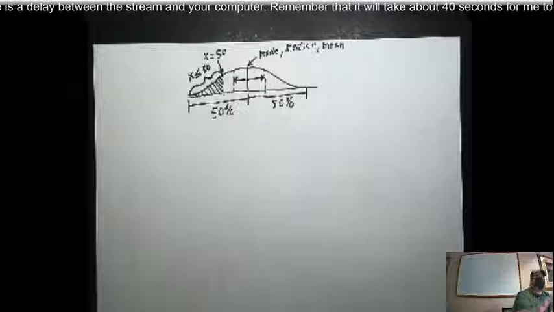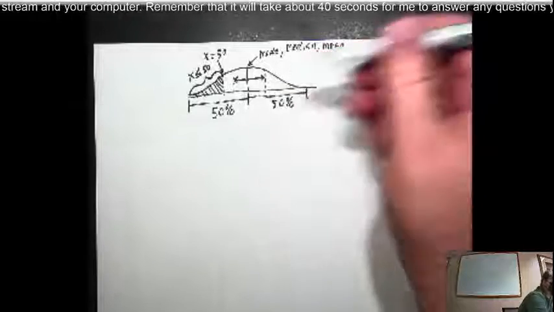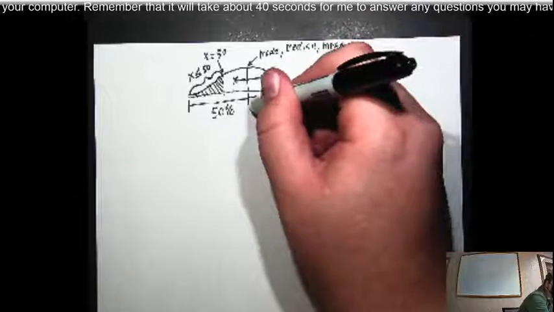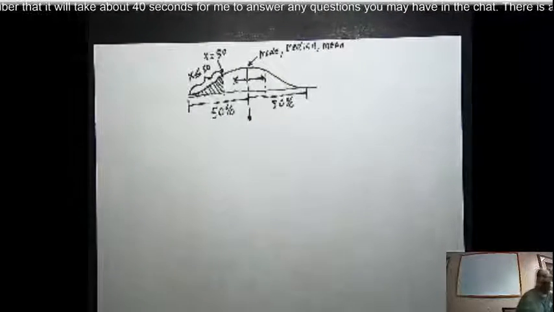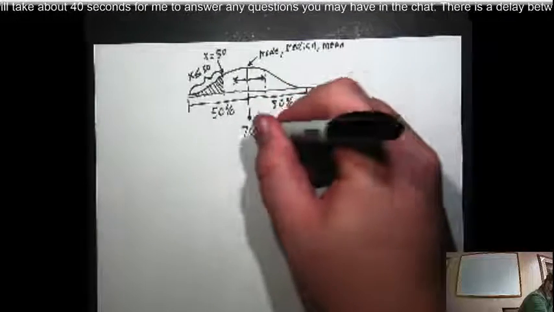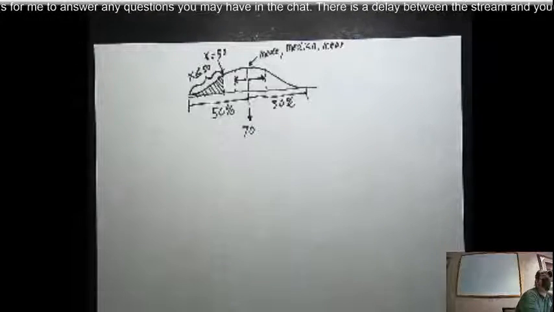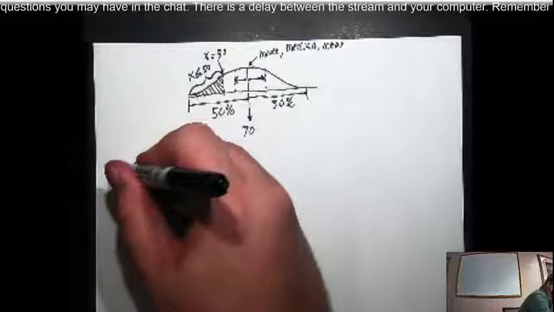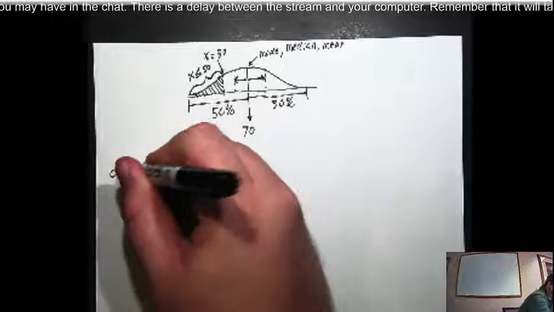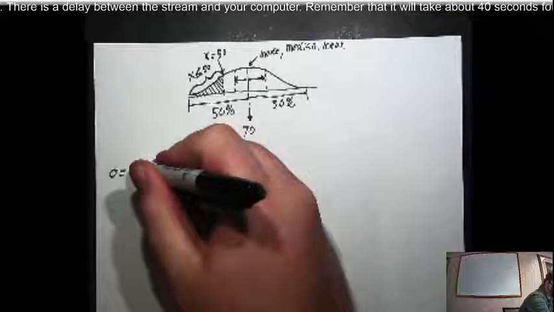Okay, so we need to know a few more things besides just that x value. We also need to know the mean. So the mean in this case, let's say, is 70. Then we also need to know the standard deviation. And for this one, we'll say it is 10.